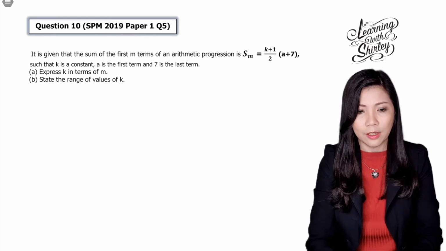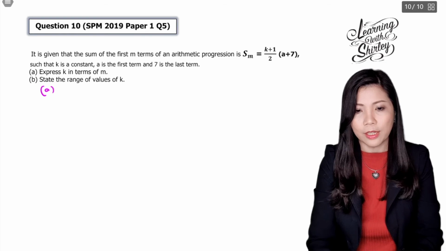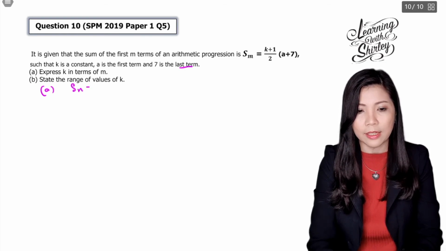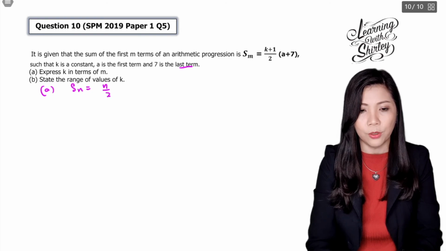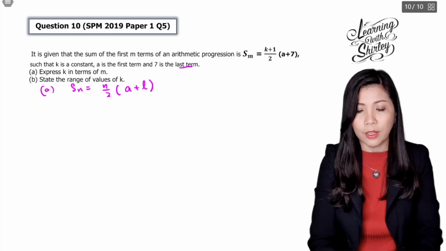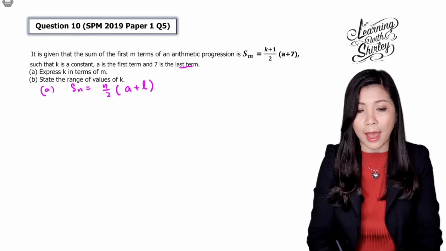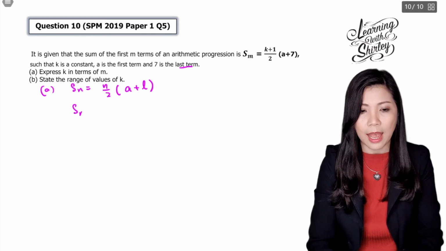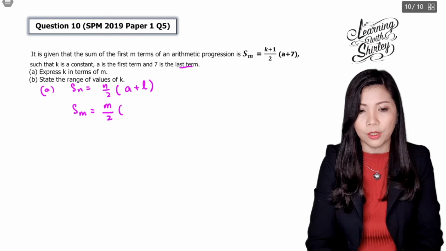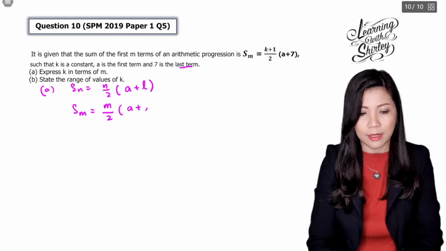For this, they say the last term is given, so we're going to use the last term formula for Sn. So Sn is equal to n over 2, bracket a plus l. If n is replaced by m, it's going to be Sm equals m over 2, a plus l.